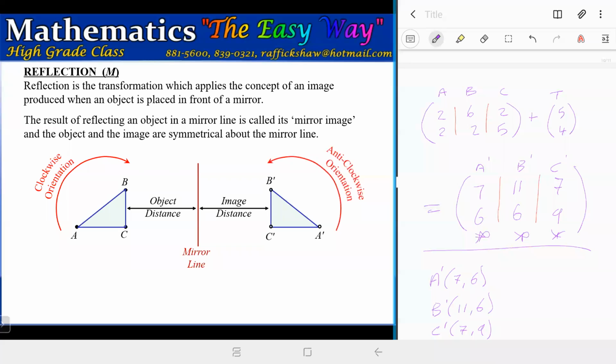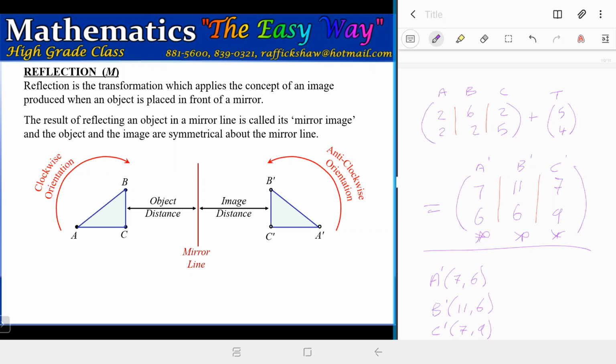And I can tell you from now, reflection in a mirror line is the only transformation that reverses orientation. So if you're ever doing a transformation question and you're looking at an image and an object, and you can't see what transformation it is, a lot of the times the rotation and the reflection will look alike.